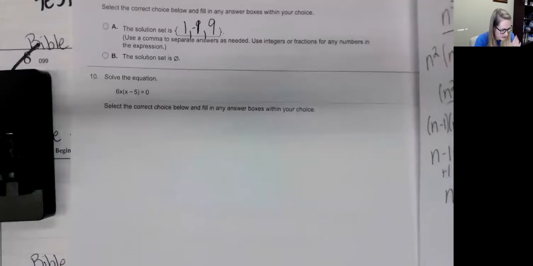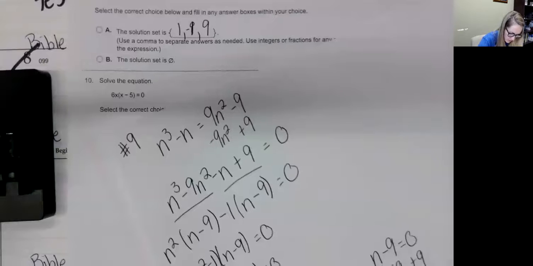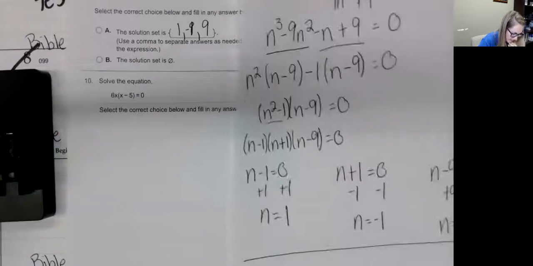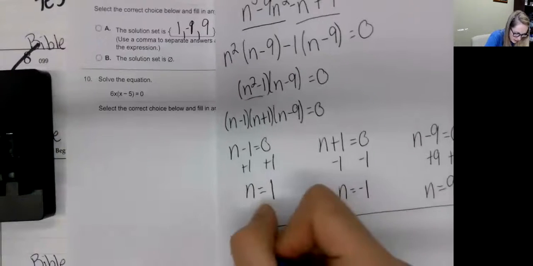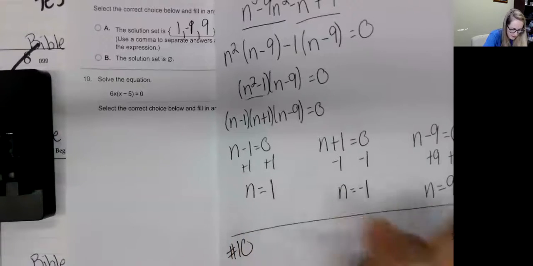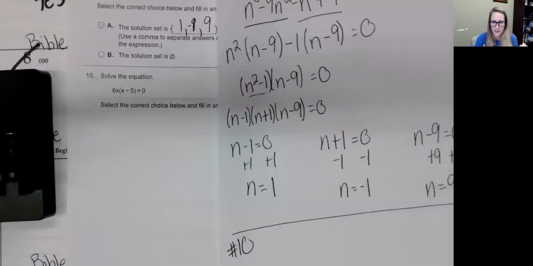Continuing, so we have 6x times x subtract 5 equals 0. This one's already worked out. If I multiply that in, I'm just going to have to factor it back out.